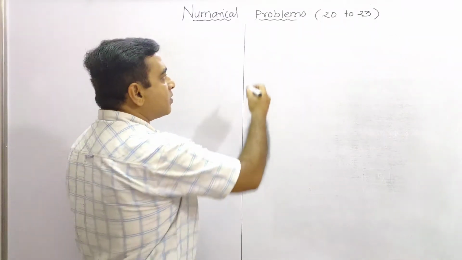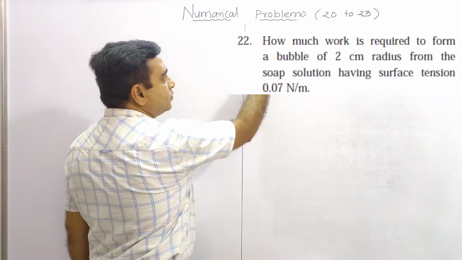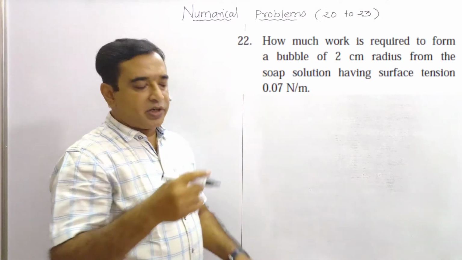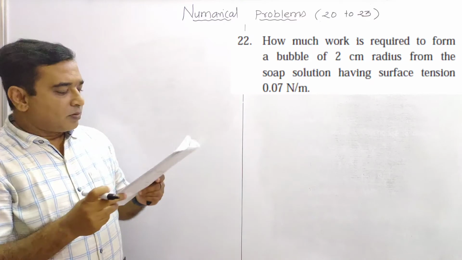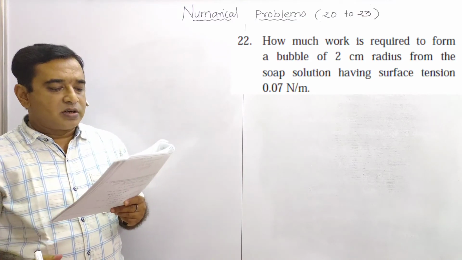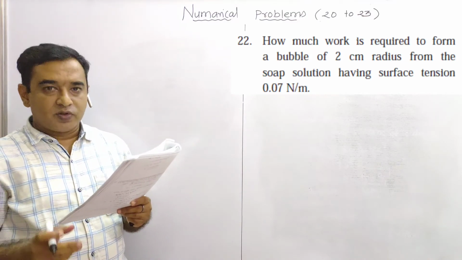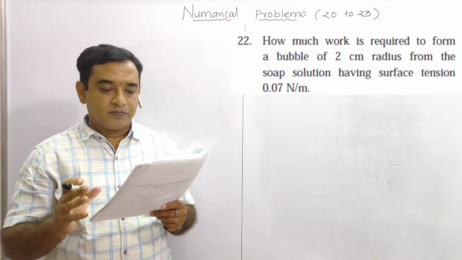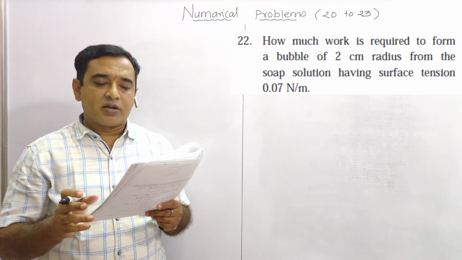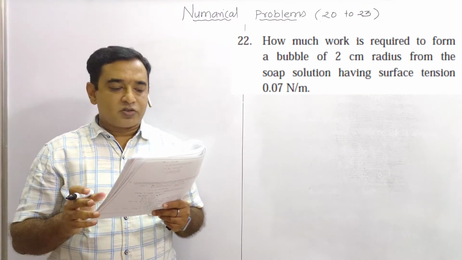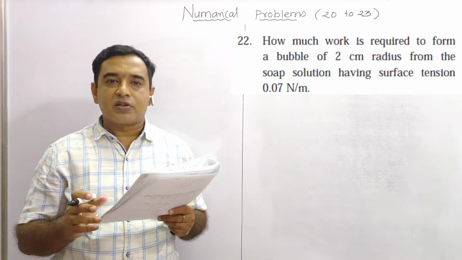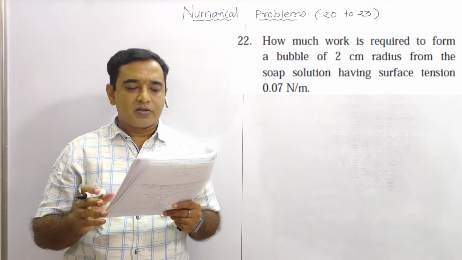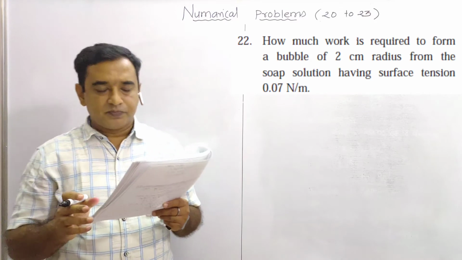Here it is problem number 22. Now I am going to read the problem. See the problem: How much work is done to form a bubble? See, it is not a drop, it is a bubble. Of 2 centimeter radius from a soap solution having the surface tension of 0.07 Newton per meter.